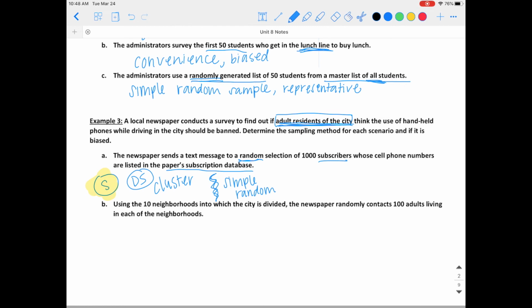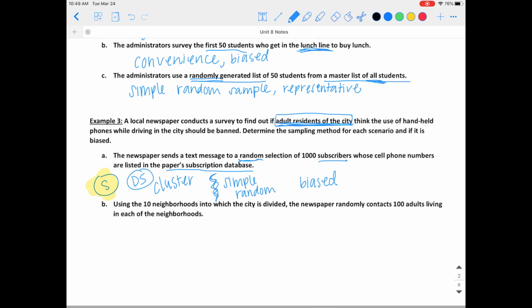But either way, regardless of how you classify the sampling method, this is going to be a biased sample. We're trying to figure out if people in this city want to ban cell phones while they're driving, and if we're just texting people whose numbers are in the database, then that's not going to be very representative of the people in our city. So either way, this is going to be a biased sample.